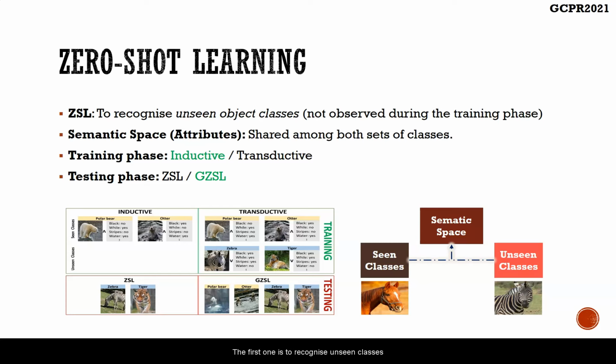The first one is to recognize unseen classes, which is known as zero-shot learning. The second, which our method follows, is called generalized zero-shot learning, which is to recognize both seen and unseen classes.